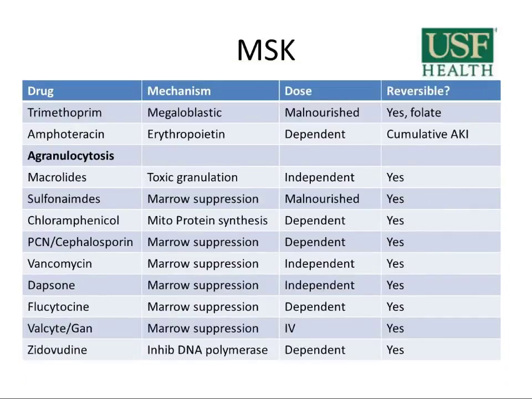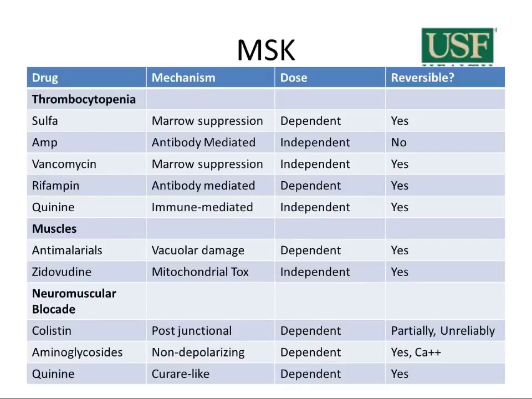Bone marrow suppression with neutropenias, we're getting kind of worse on the spectrum there. Finally, when you're getting to things that cause neuromuscular blockade, the neuromuscular blockade effects of colistin, aminoglycosides, and quinine certainly will paralyze the diaphragm, will cause respiratory arrest, and that can be quite severe.